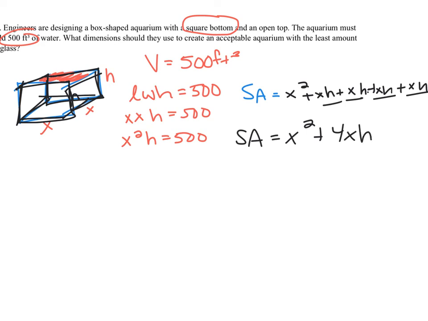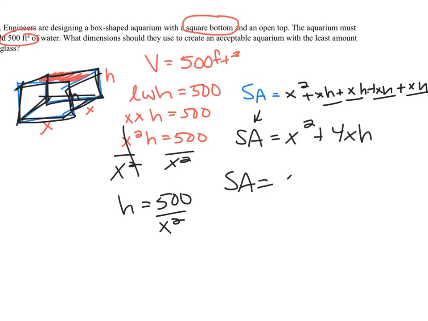Now, the one that I'm going to take the derivative of is the one without the number it's equal to. So I'm going to take the derivative of surface area. But first I need to get into one variable to do that. So I'm going to solve for h in the volume equation. So I get h equals 500 over x squared. And I'm going to plug that in for h over here.